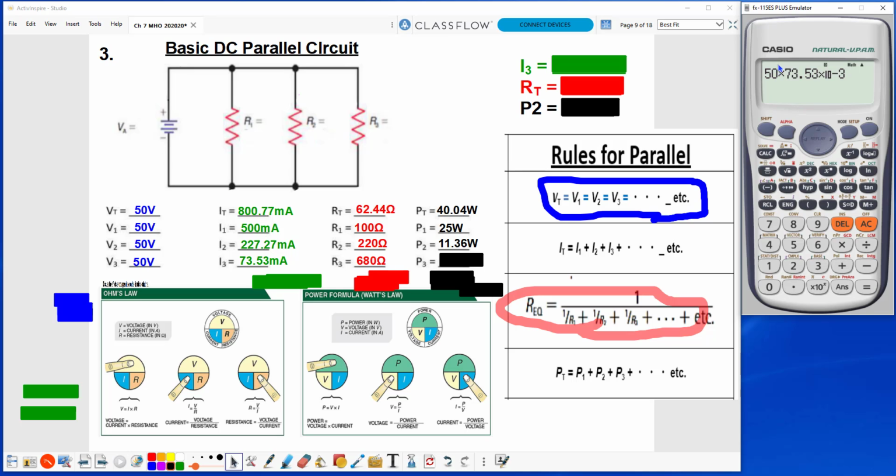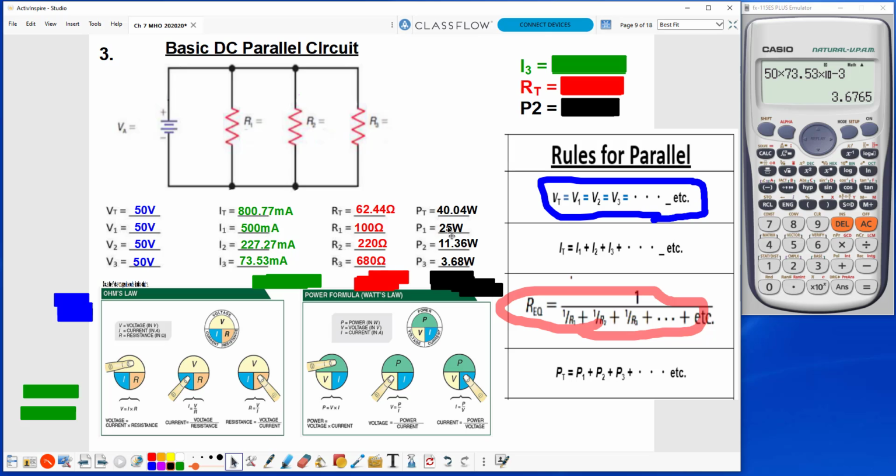P is equal to I times V. Here's my V, here's my I. I hit equals, 3.68 watts.